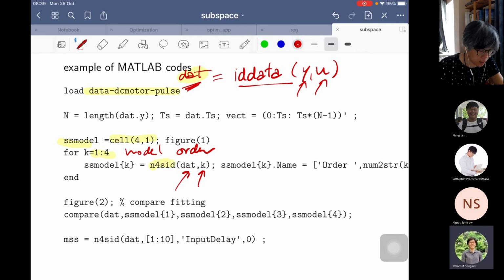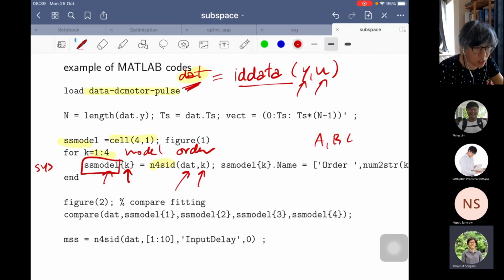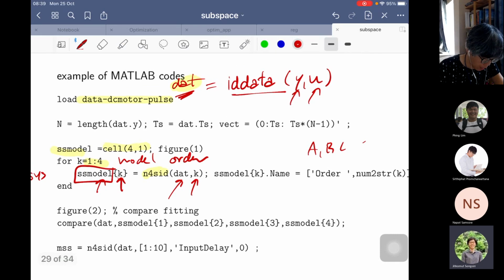I assign each estimated model in the cell, SS model, each index k. This is the system object, the estimated system that contains A, B, C, D, all the information about the estimated model.